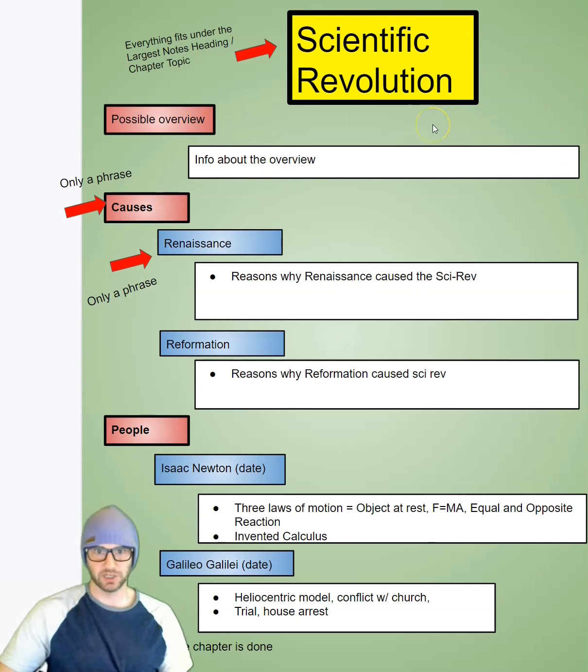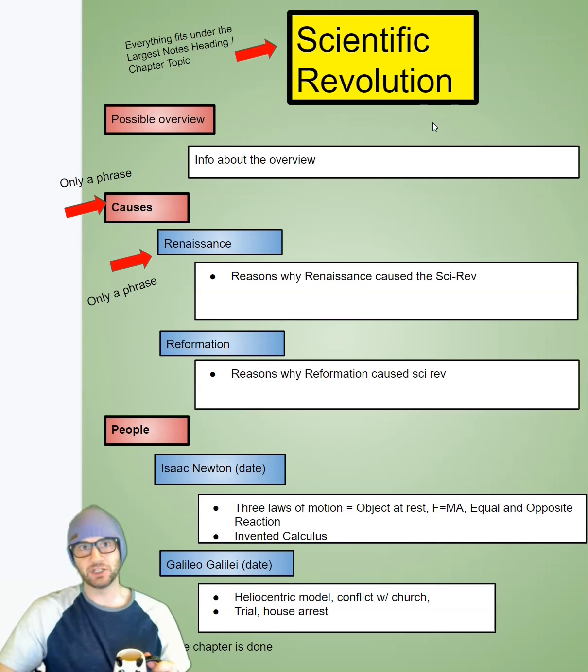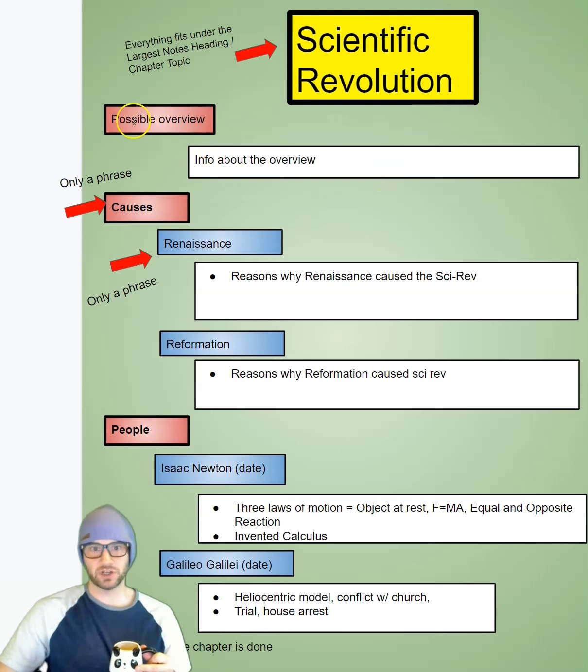Scientific Revolution. Now, oftentimes you might want to get some vocab out of the way to begin with, or your topic has some sort of overview you want to take notes on. Many chapters in educational textbooks have an overview before they get into other topics under the main heading. So your first topic might be an overview, right?